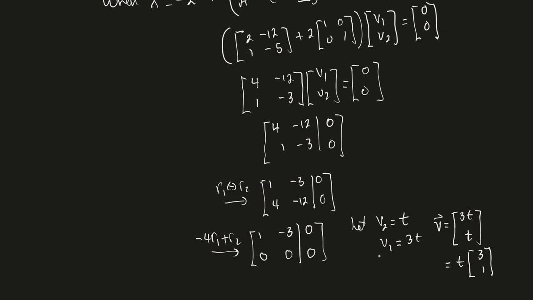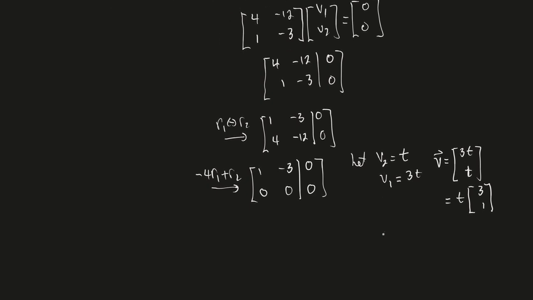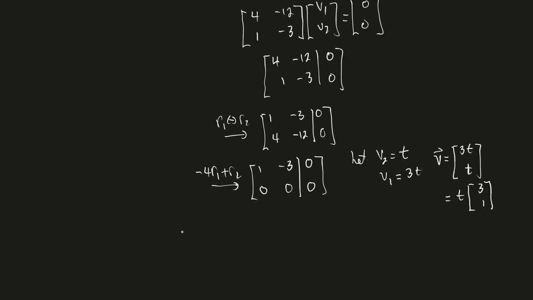So the eigenvectors associated with this second eigenvalue of negative 2 are any vector of this form, right? So let's write down the eigenpair in this case. Our eigenpair is the negative 2, that's my constant, and then the vector is 3, 1.